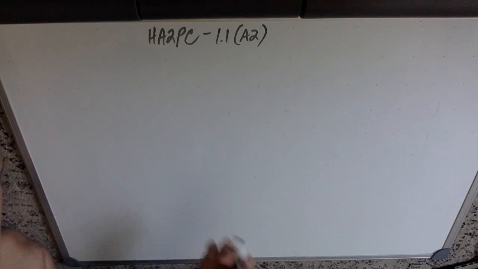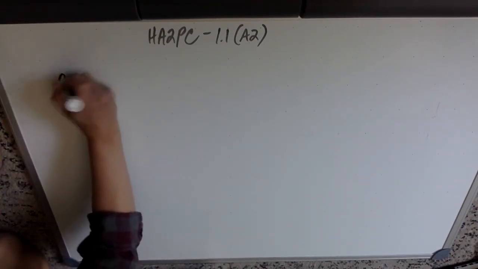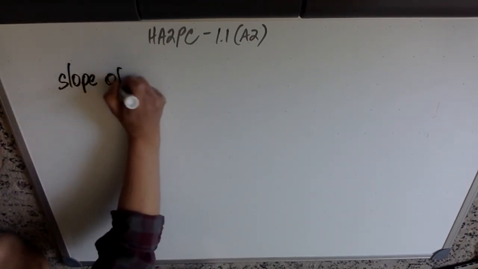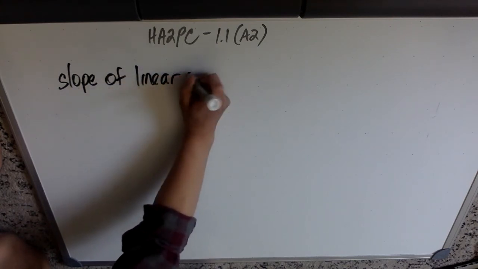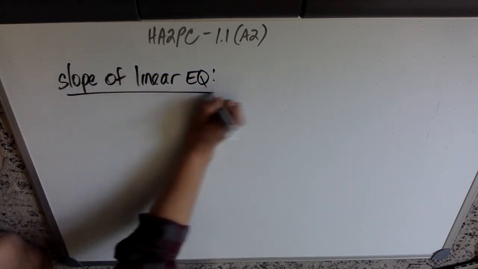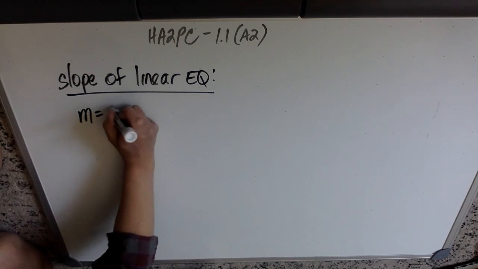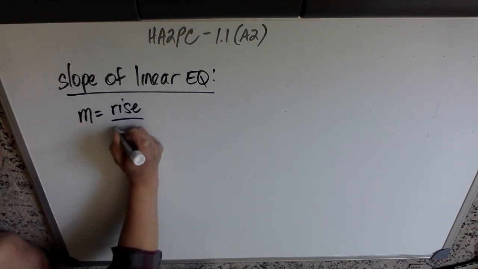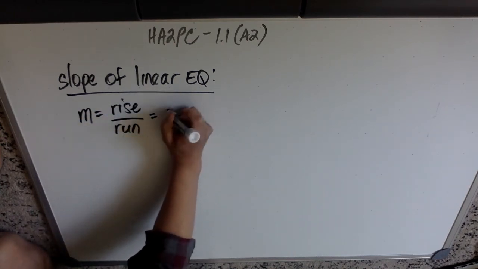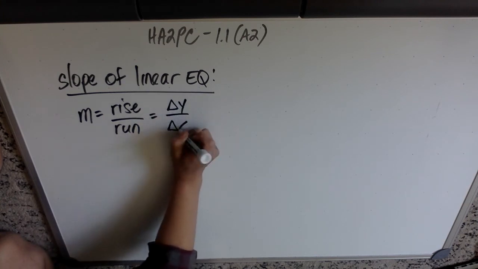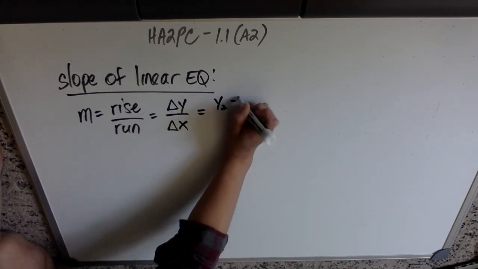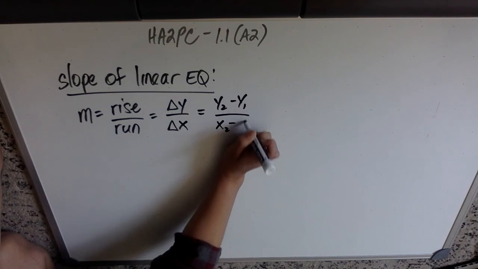All right, so when we talk about the slope of a linear equation, we usually abbreviate it m, and it represents the rise of the line over the run, which sometimes you'll hear as the change in y over the change in x, or y2 minus y1 over x2 minus x1.